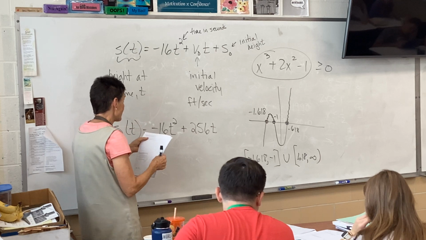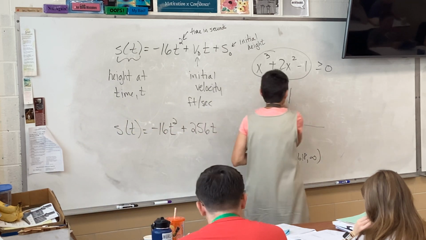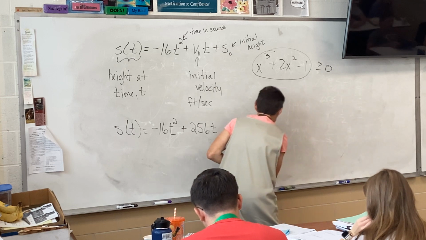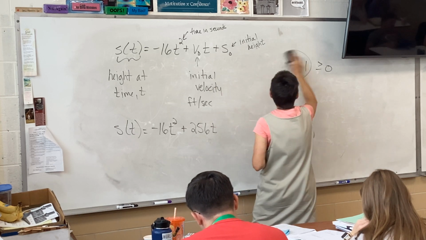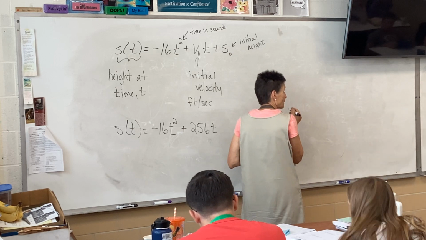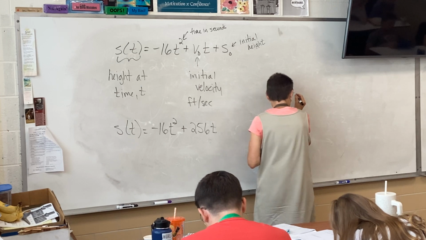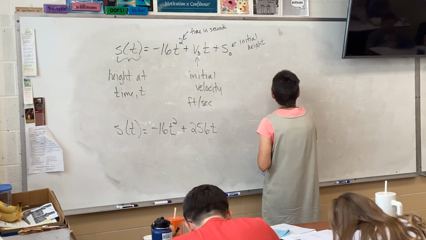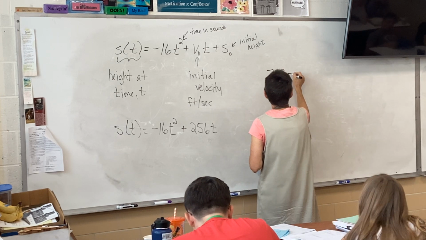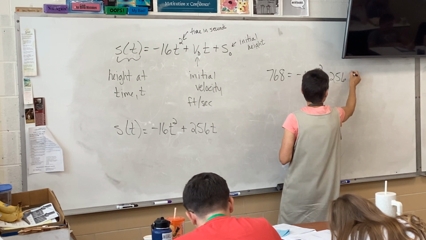When will the height be 768? So now we have our equation. Now we're ready to answer some questions. When will the height be 768? What do you think? So 768 equals negative 16t squared plus 256t.